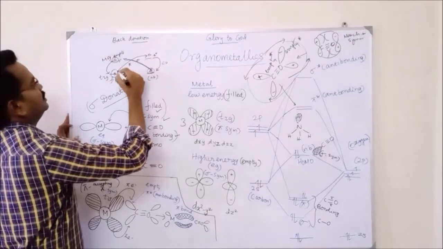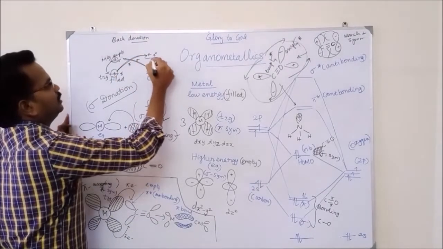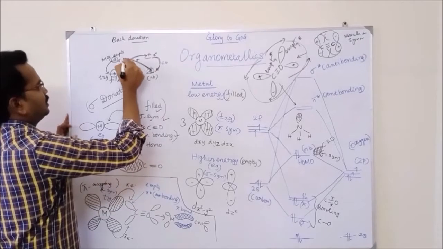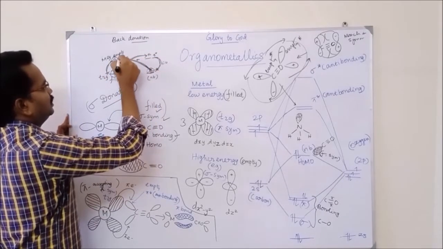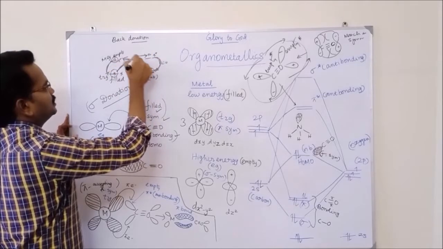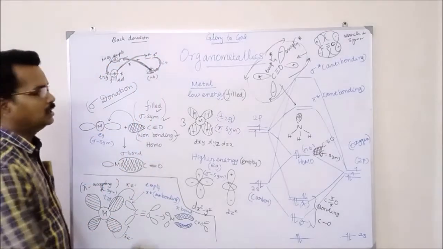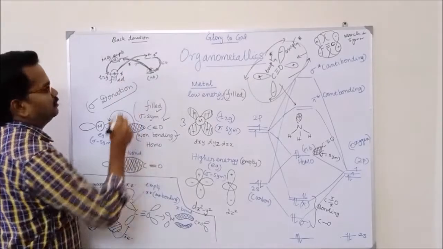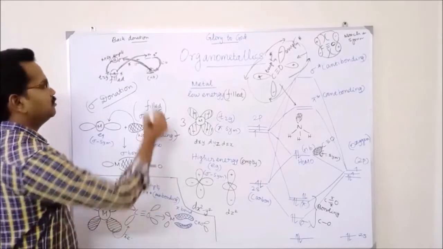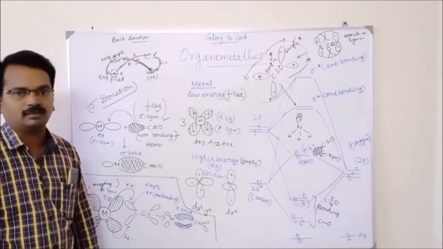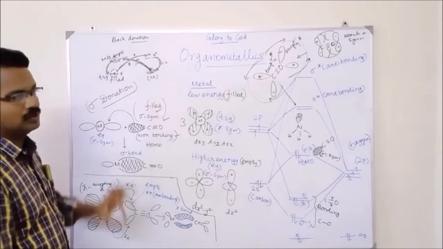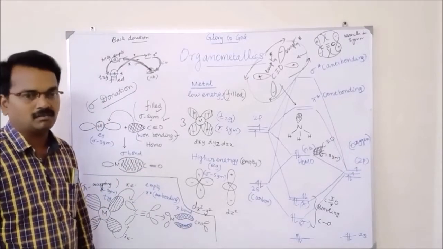Likewise, the electrons go here and come down here, and one cyclic process is formed. Therefore sigma bond formation is strengthened by pi bond formation, and pi bond formation is strengthened by sigma bond formation. So this is called back donation, or back bonding.